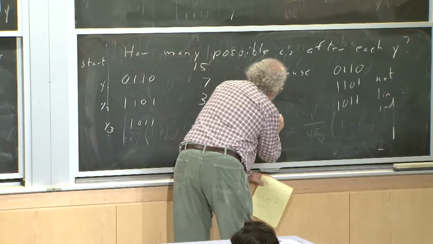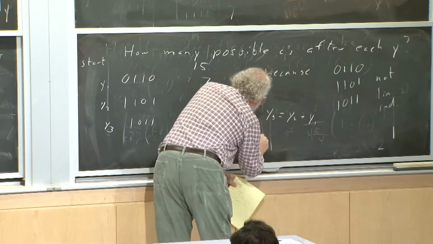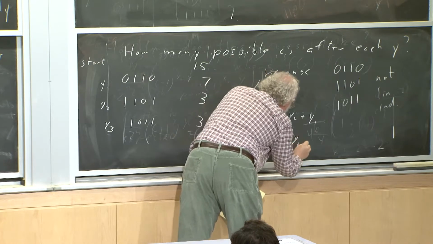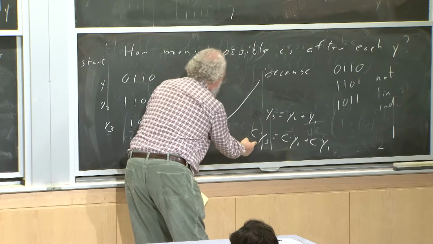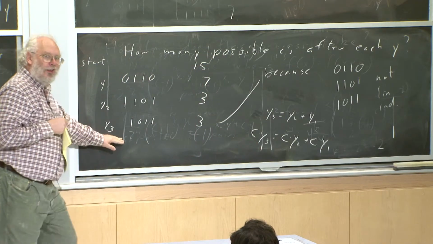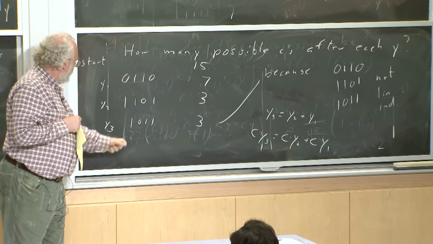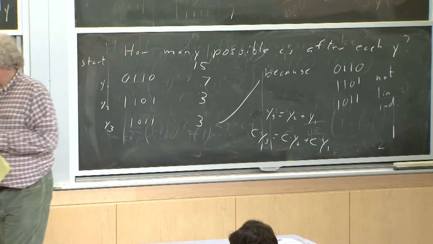And we have y3 equals y2 plus y1, which means c dot y3 equals c dot y2 plus c dot y1. So if both of these are 0, this is also 0. Because we were unlucky and got a dependence here, the number of possible C's doesn't go down any further.